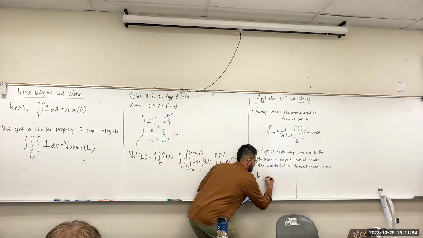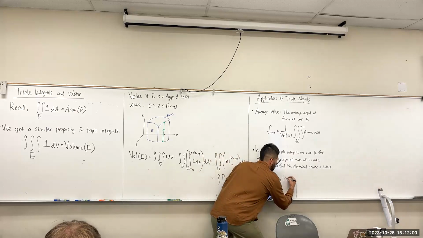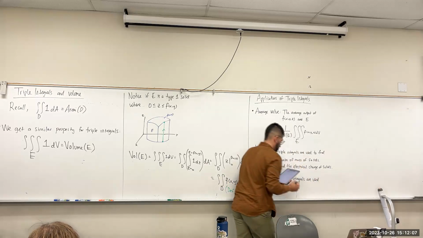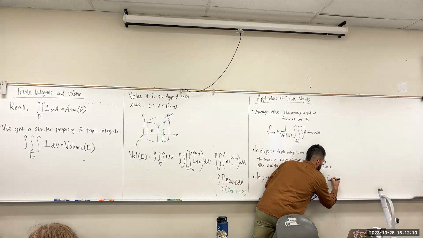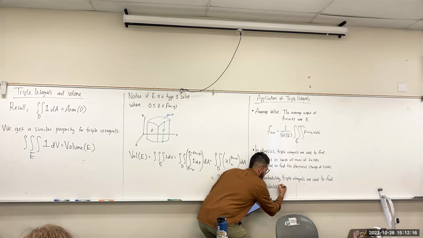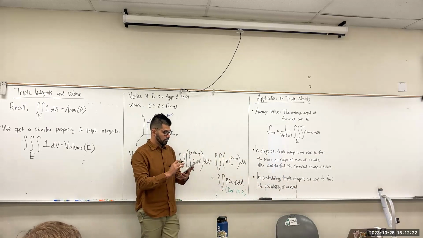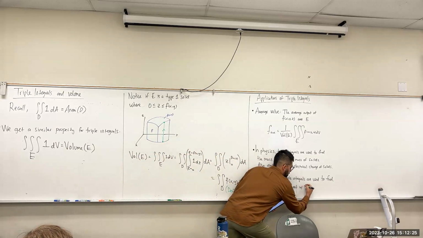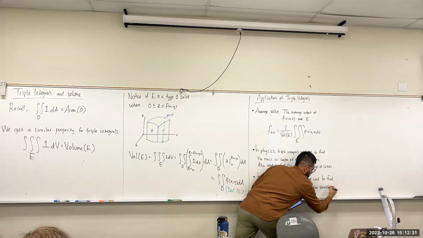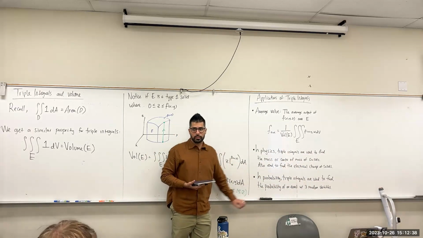So in probability, triple integrals are used to find the probability of an event with 3 random variables, with 3 what's called random variables. 3 parameters, like 3 possible things that are affecting the probability. That's what I focused on.